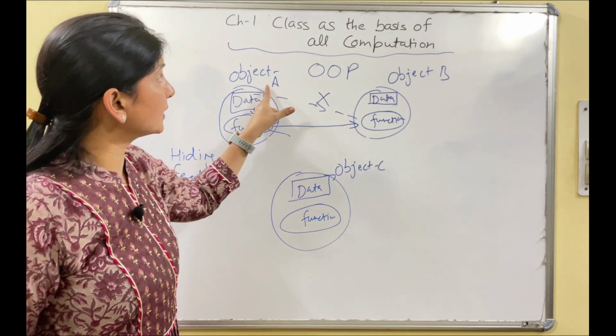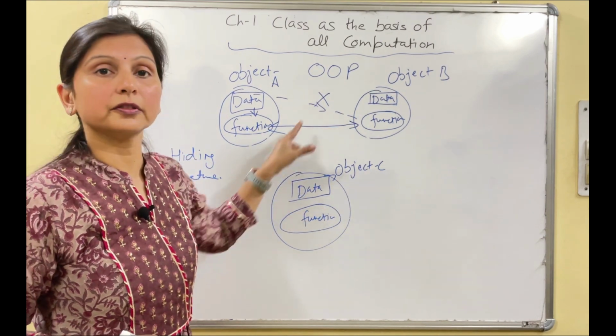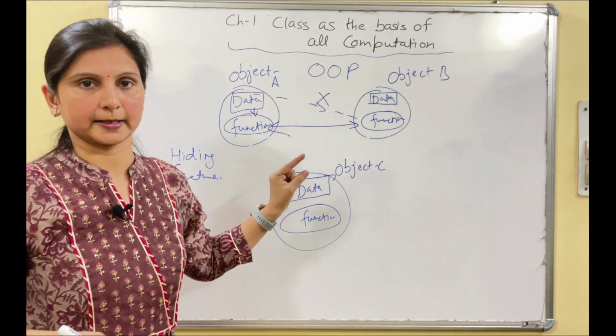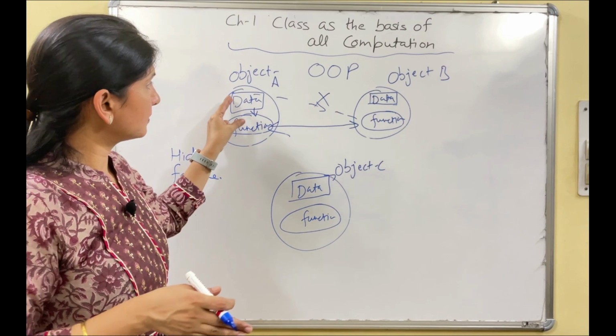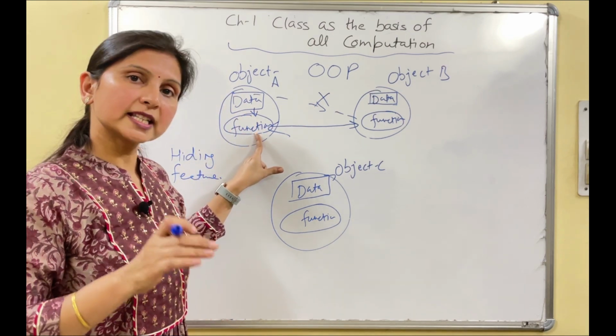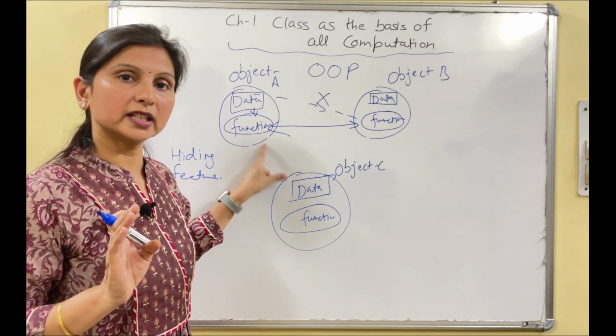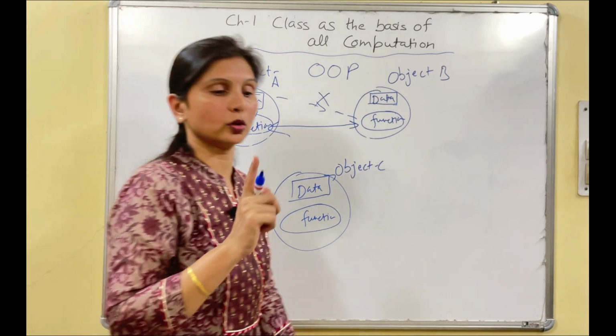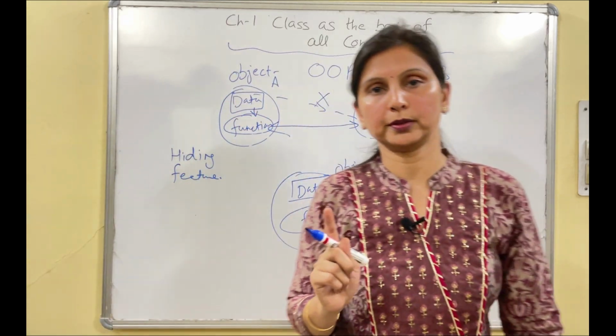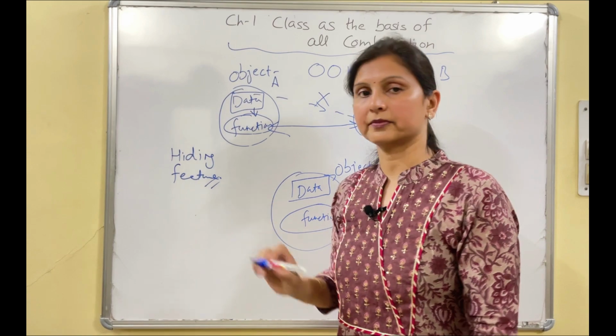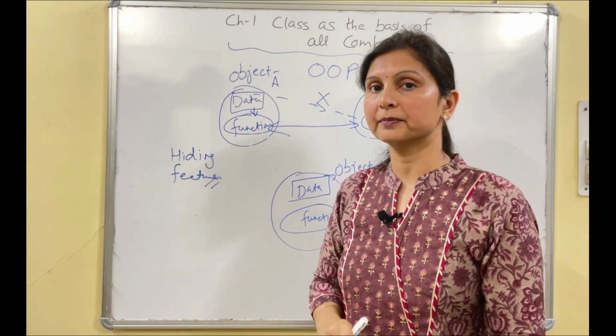Data is not freely available for other functions, for other objects. Data is available for the function of the same object only. This makes it more secure as compared to POP, this hiding feature, which was not available in POP.